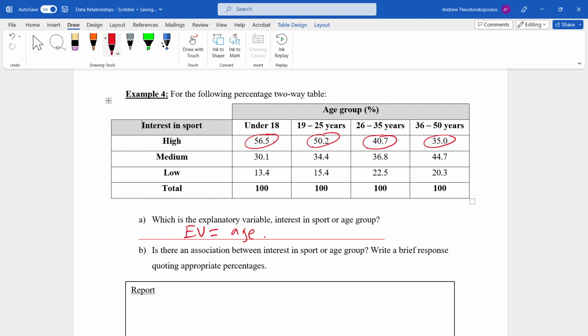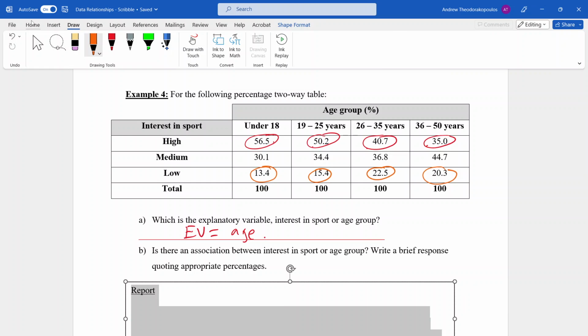So as you get older, the interest in sport goes down, which means I would expect low interest to get bigger, and it seems like that's what's actually happening. So you can say that there is an association, and I'll just get you to copy this down.